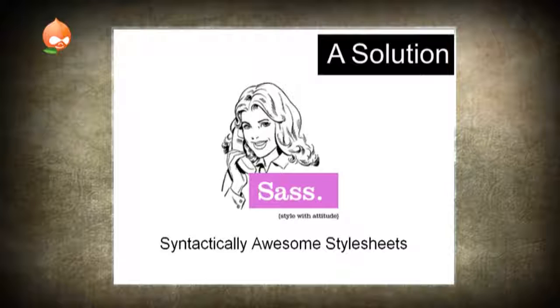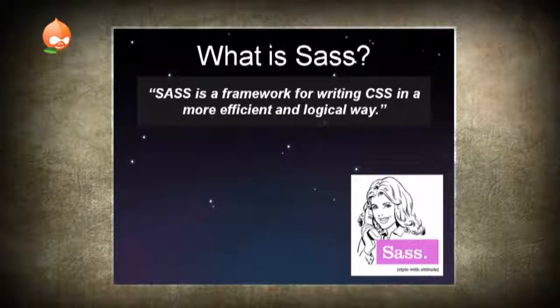And a solution that I found that overcomes a lot of CSS's shortcomings is Sass. It stands for Syntactically Awesome CSS. Not really a fan of the name, but it's an awesome language, and I really enjoy working in it. I define Sass as this: Sass is a framework for writing CSS in a more efficient, logical way.